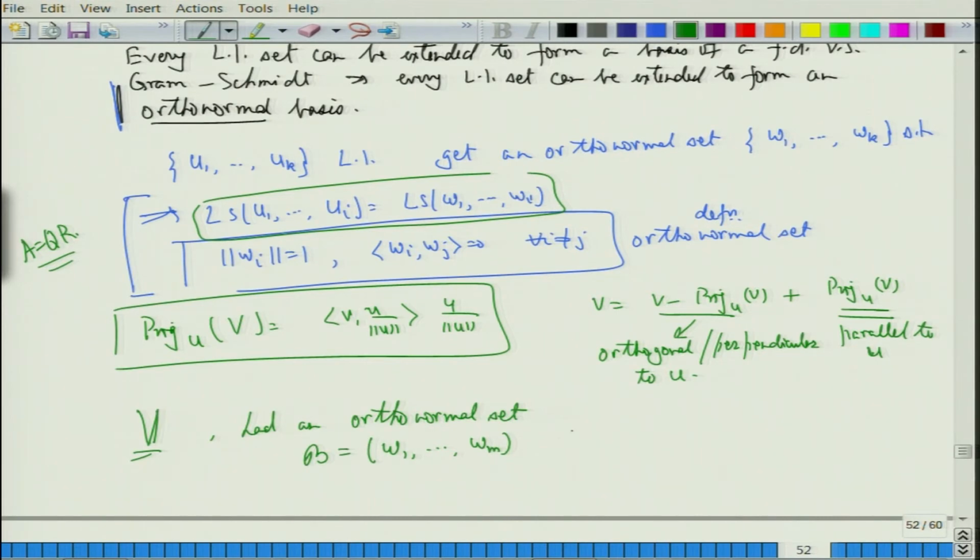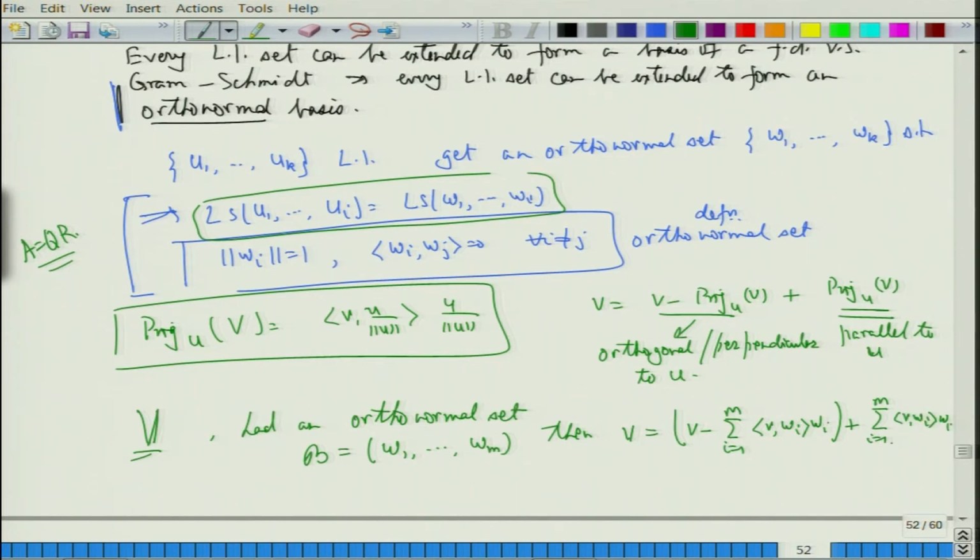Then we decomposed any vector V as V minus the summation of V Wi, i equal to 1 to m, plus the summation i equal to 1 to m of V Wi, all right.